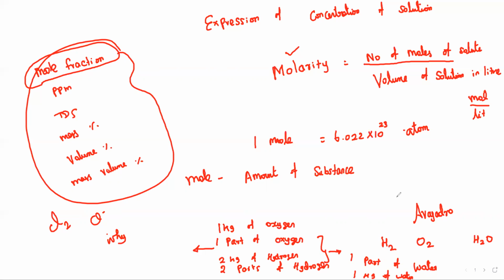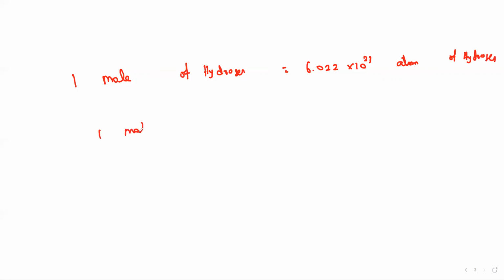So let me call it 1 mole. 1 mole of hydrogen means 6.022 into 10 to the power of 23 atoms of hydrogen. Atoms or molecules, whatever you are taking. And in the same way, 1 mole of oxygen again has the same number of count.